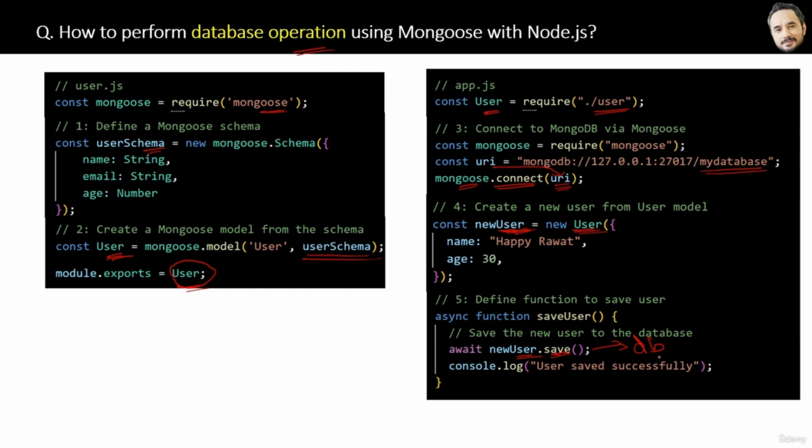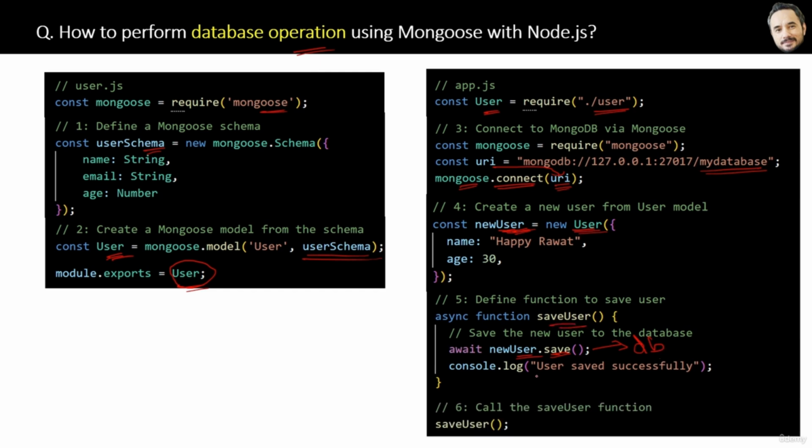That's the main point. And at last, call this save user function like this and run this app.js file. That's it. This is how we can perform the database operation using Mongoose with Node.js.